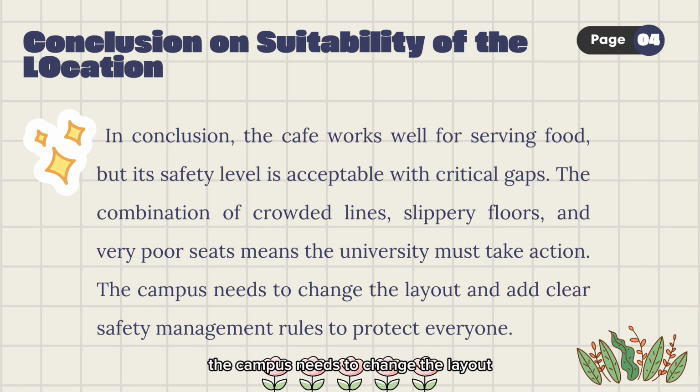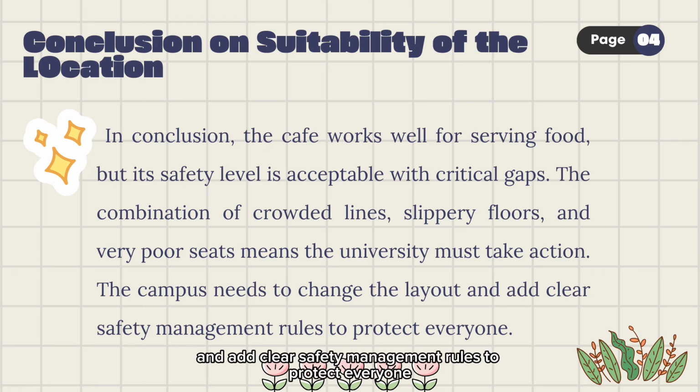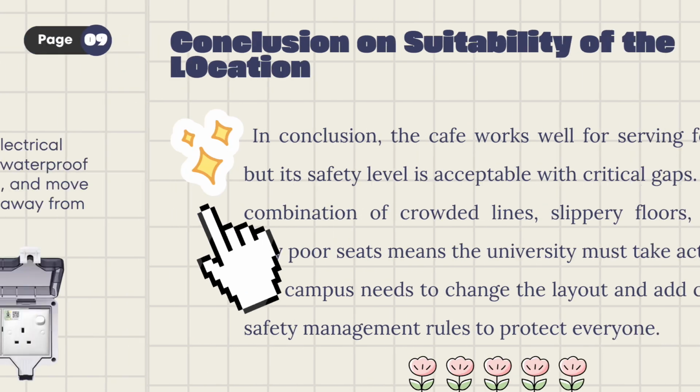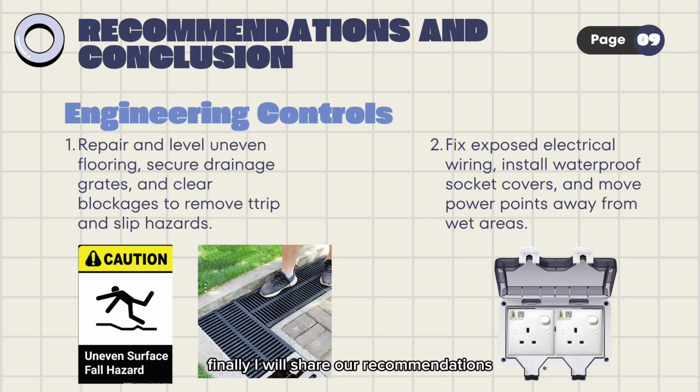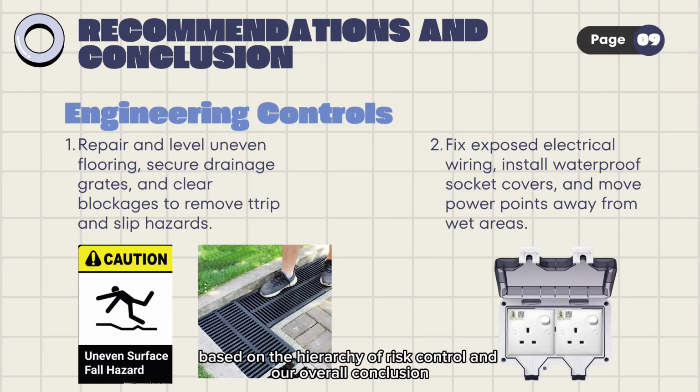The campus needs to change the layout and add clear safety management rules to protect everyone. Finally, I will share our recommendations based on the hierarchy of risk control and our overall conclusion.